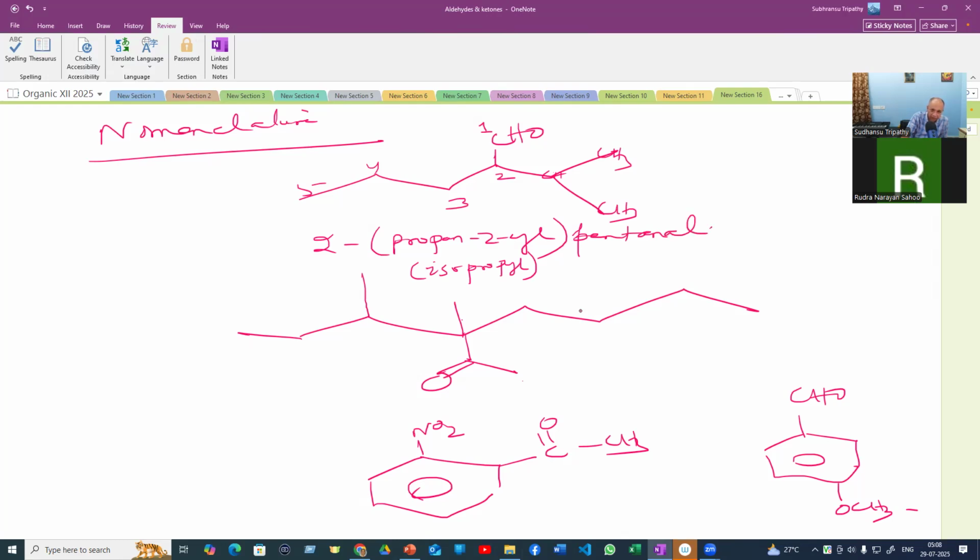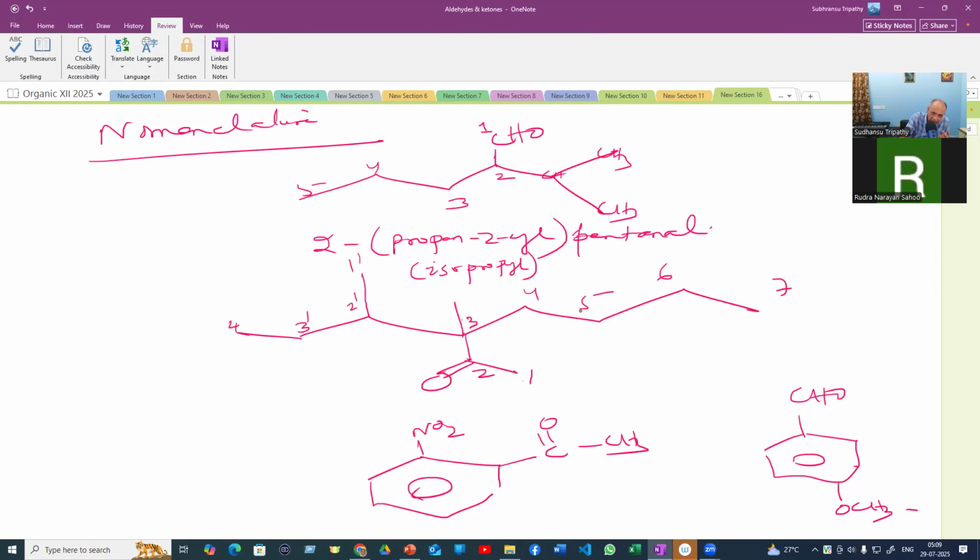And this ketone should be given the lowest locant. So we'll start from here, we have to go this way, 4, 5, 6, 7. So this becomes sec-butyl. If you don't want that, then you just say butan-2-yl.